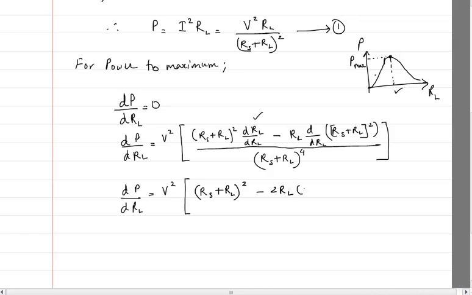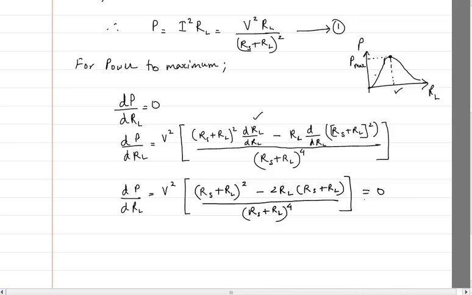So it is going to be RS plus RL, divided by RS plus RL the whole raised to power 4. According to the maxima minima condition, this should be equal to 0.